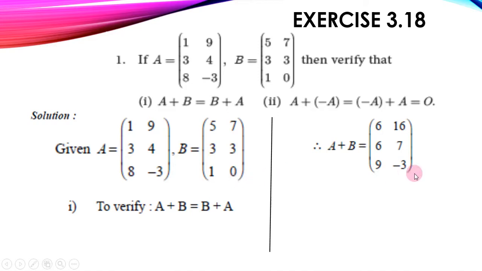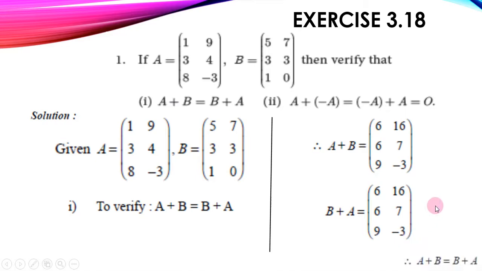Minus 3 plus 0, minus 3. Right? In the same way B plus A: 5 plus 1, 6. 7 plus 9, 16. 3 plus 3, 6. 3 plus 4, 7. 1 plus 8, 9. 0 minus 3, minus 3. So here A plus B equal to B plus A, LHS equal to RHS, right?